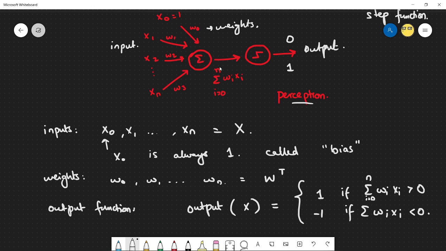So this is a combination of these two guys here, right? I'm taking the summation, and then based on a step function, I'm saying that the output would be either 1 or -1 here.